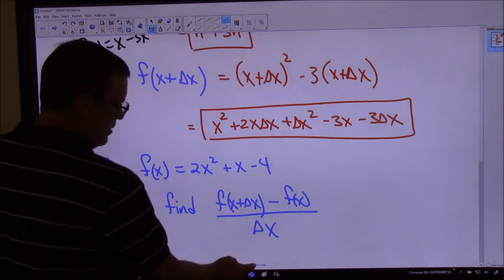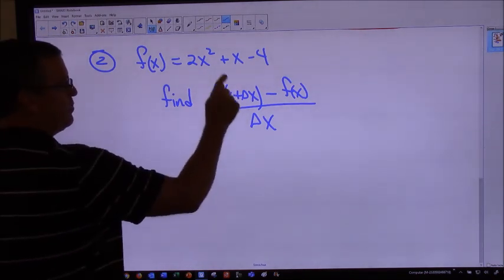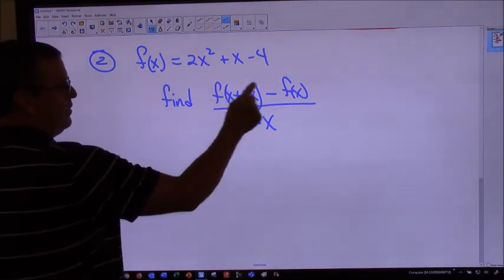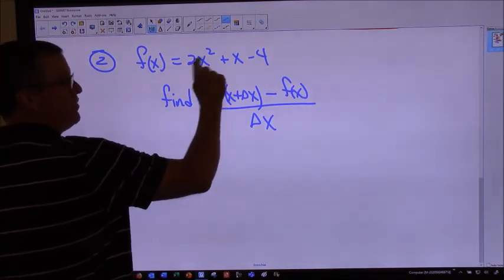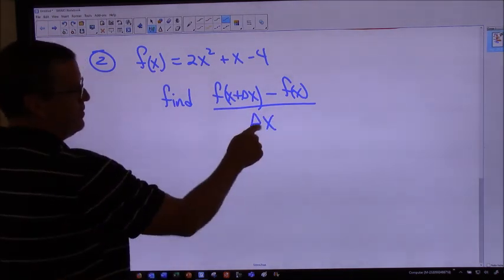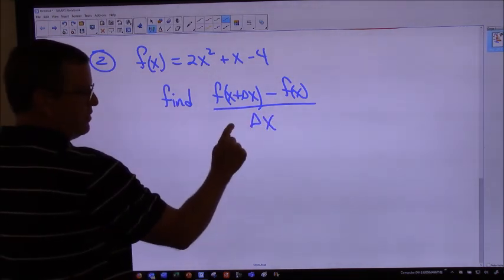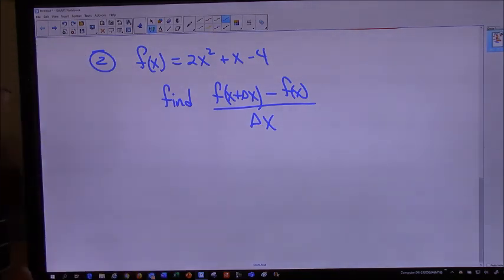So when I look at this, I plug this in first wherever I see an x. Here you're putting an x in place of x, so it should look the same, and then divided by delta x. We're not plugging this in because it doesn't say f of delta x. Okay? Let you guys give it a shot.